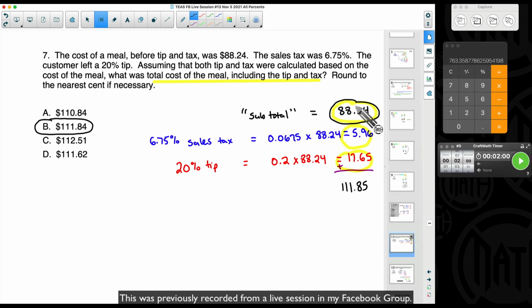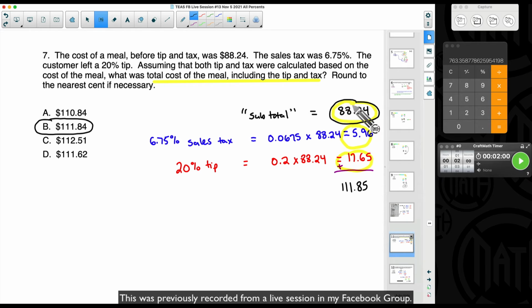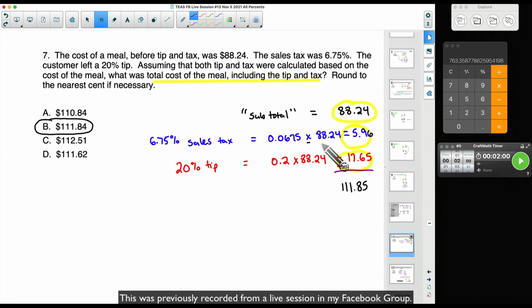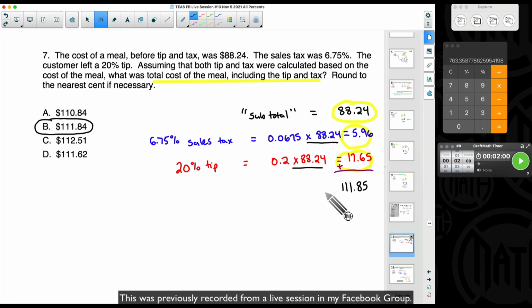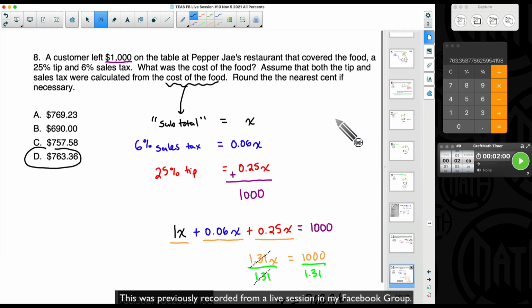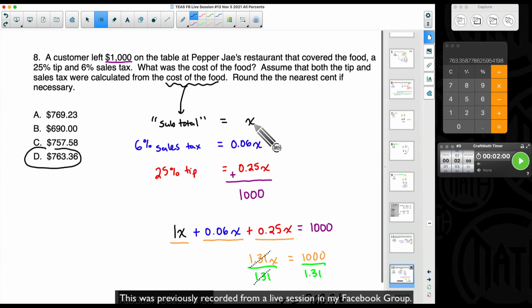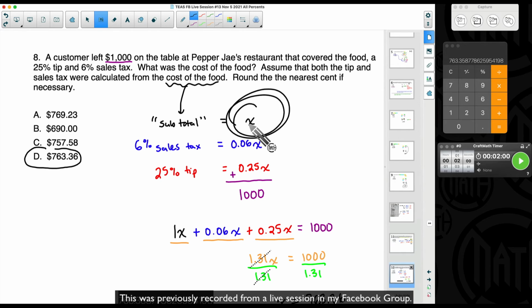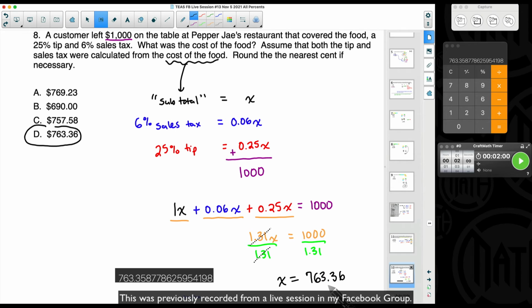It's called the subtotal. It's just the price of the food in general. No tip, no tax. That's what we did here. We multiplied by $88.24 for both of those. But we knew the cost of just the food in that previous problem. Here we don't. But we're doing the exact same thing. It's just that we're multiplying by x because we don't know what that value is. And that's exactly what we have solved for down here.